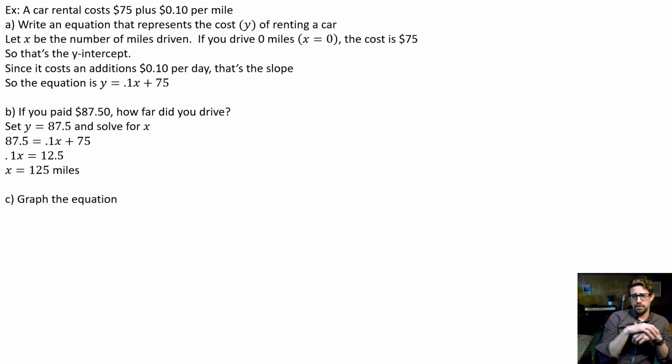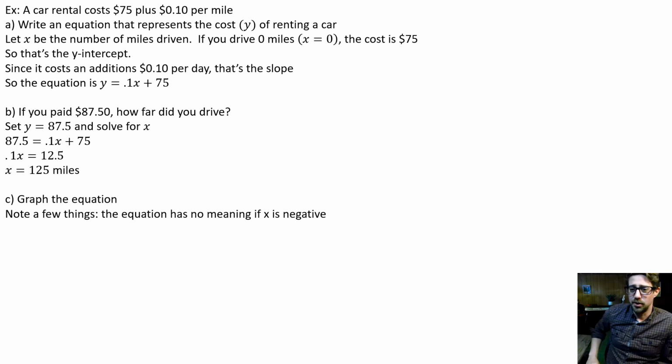I guess at some point they would start paying you if you drove enough negative miles. Okay, so that doesn't make any sense. So that's the first thing. Your graph should start with x being 0. You shouldn't see any of the stuff to the left of the y-axis, because that would be negative x's. So there shouldn't be any line there. And in fact, we don't even need to see that at all because there's nothing there. It obviously doesn't make sense if y is negative either, but we also know that y is going to be 75 and up, and that will be represented on our graph.